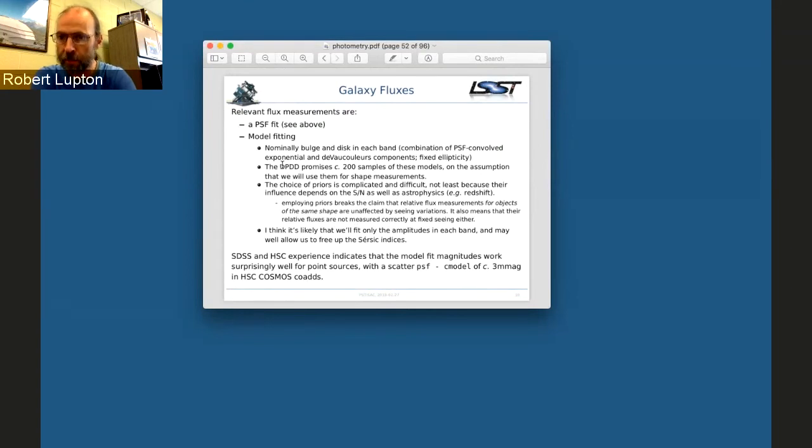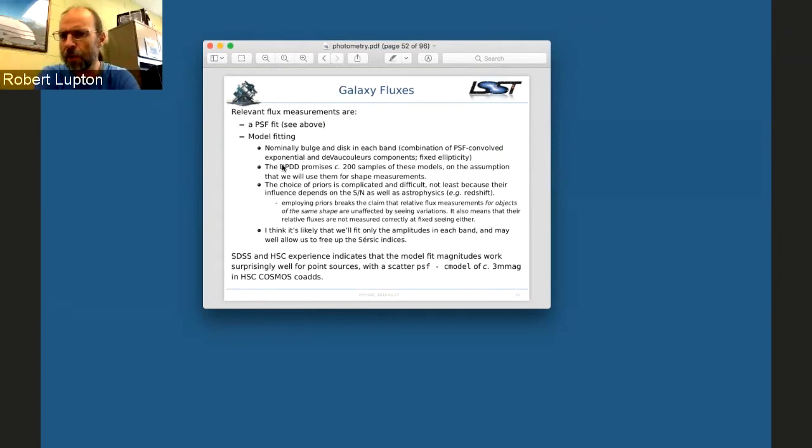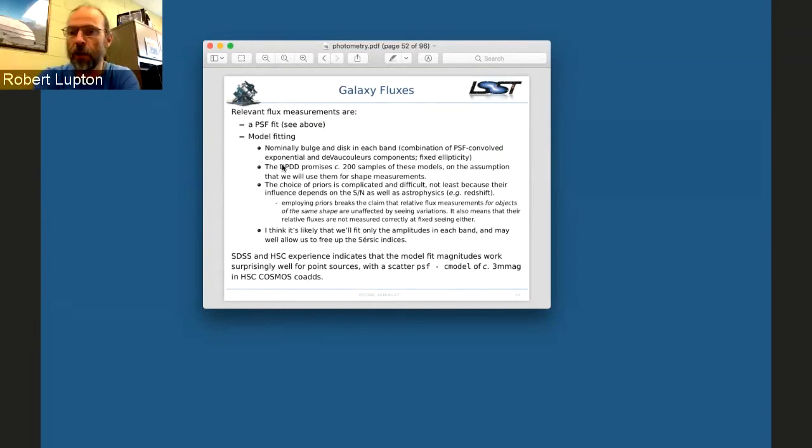I totally agree. But I was quoting numbers in things like Cosmos down to 22nd, 23rd magnitude, where this 3 millimag scatter comes from. It's a very surprising result to me that the extra degrees of freedom don't really mess you up. But I think it's because you've marginalized over the really ill-determined shape of that model because it doesn't change the flux at all.